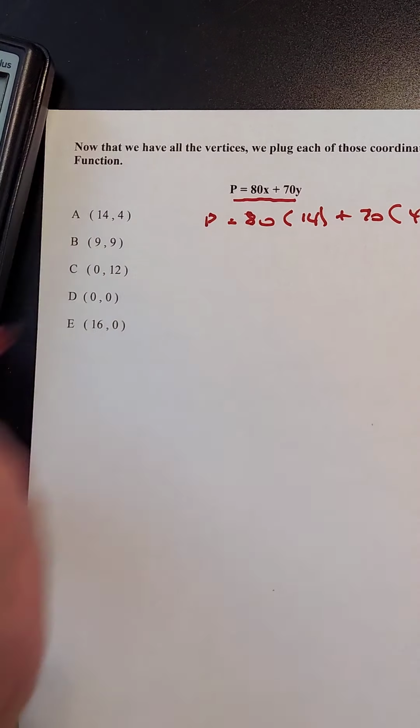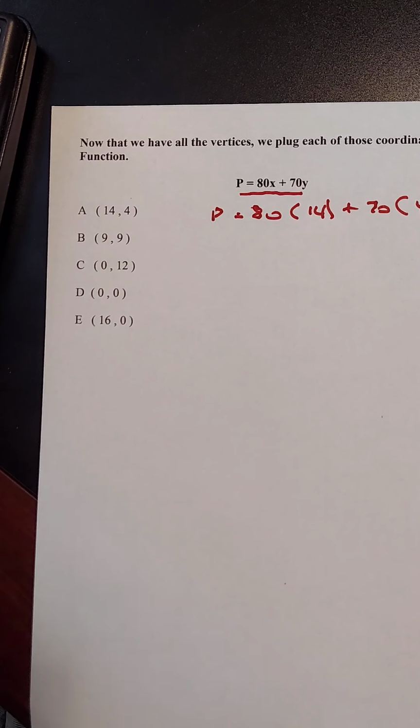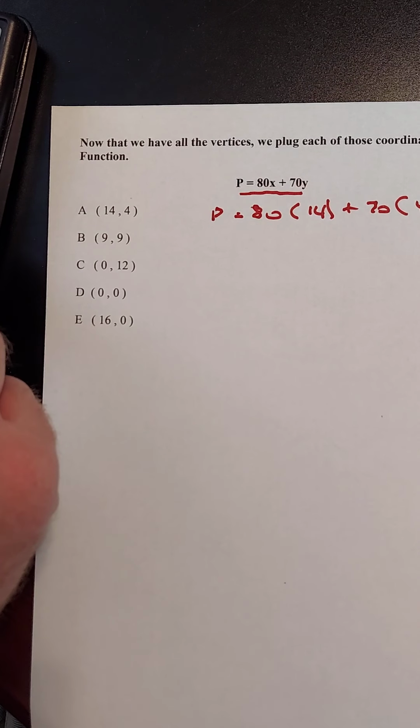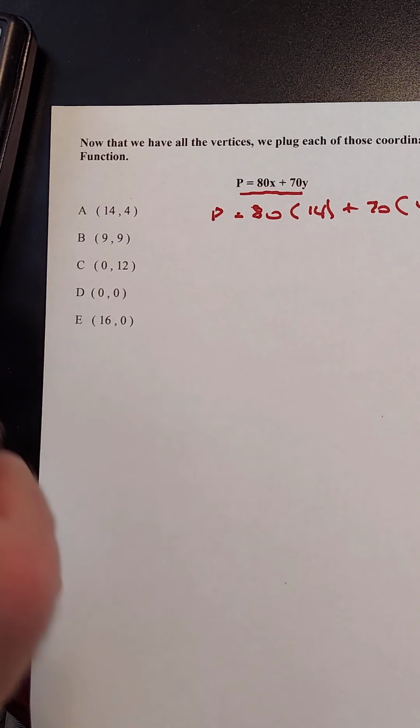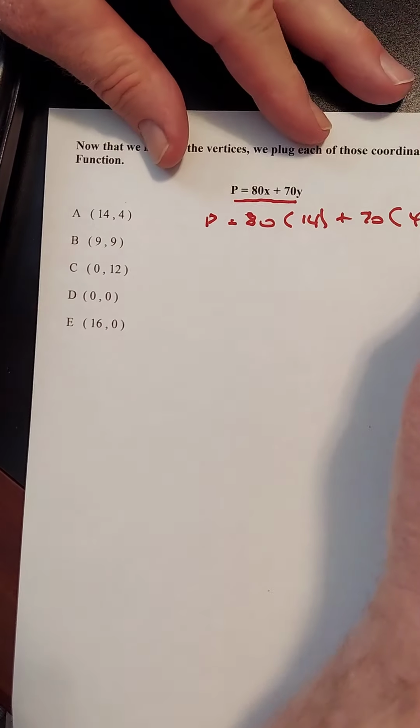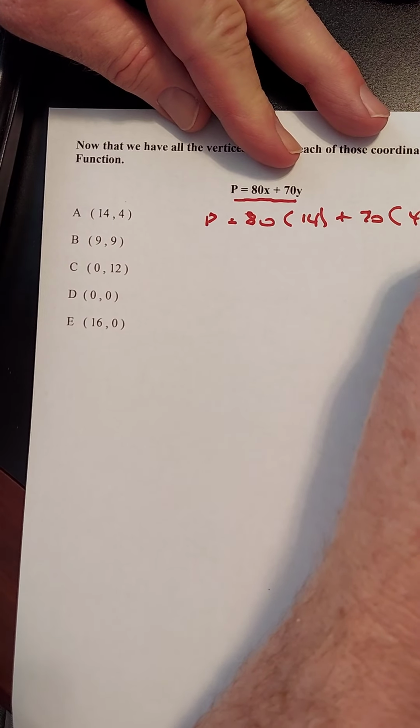I'll do it the hard way. I'll get my calculator out. We got 80 times 14 plus 70 times 4, and that's $1,400.